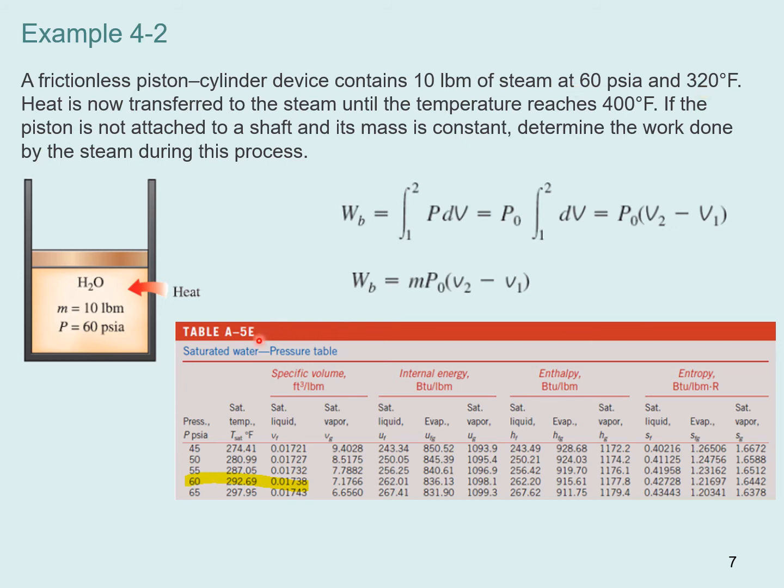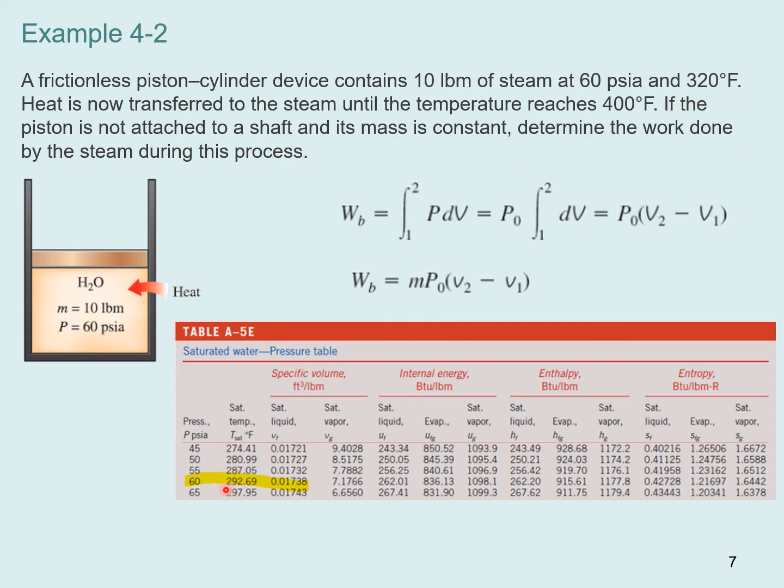If we go to table A5E, the saturated water table, we look at the pressure, 60 psi. What's the saturation temperature? Well, it's 292.69 degrees Fahrenheit.